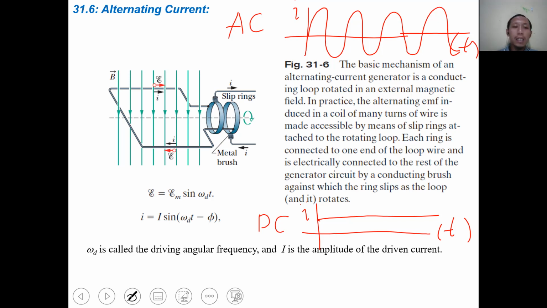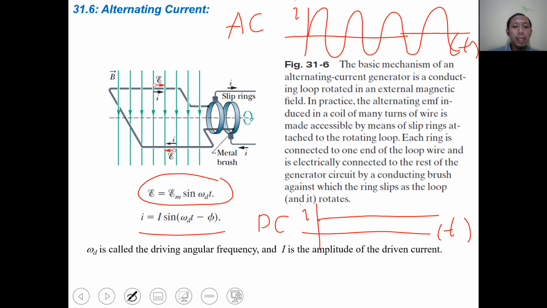For the alternating current, there are two, like the DC current. We have the voltage and also the current. The voltage of the AC current is E equals Em sin ω_d t, and the current is I equals I sin(ω_d t plus φ).